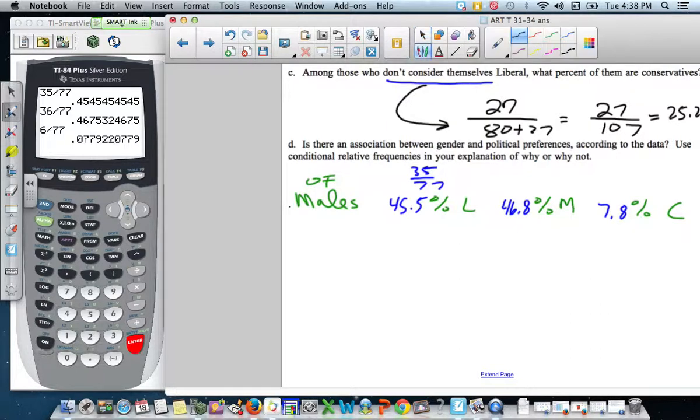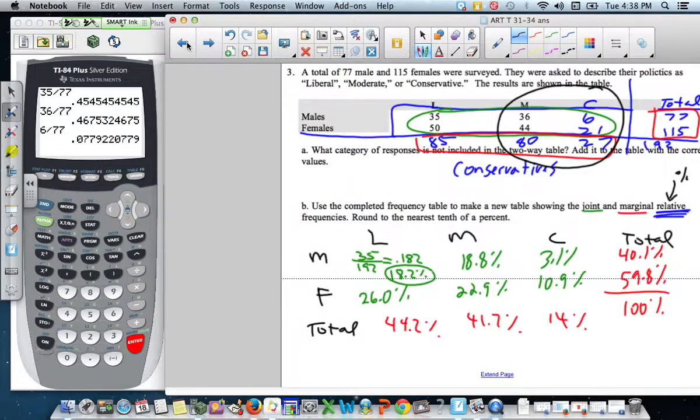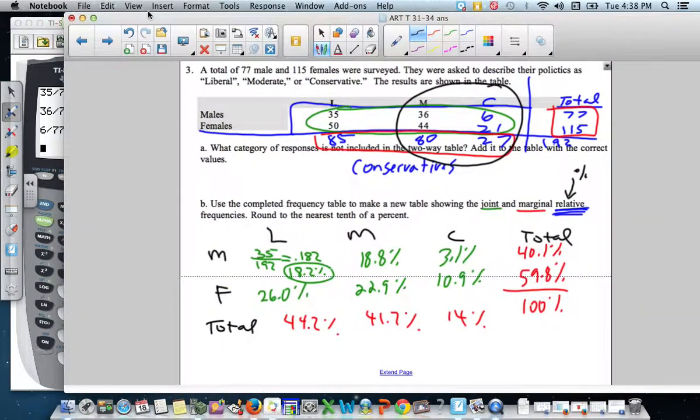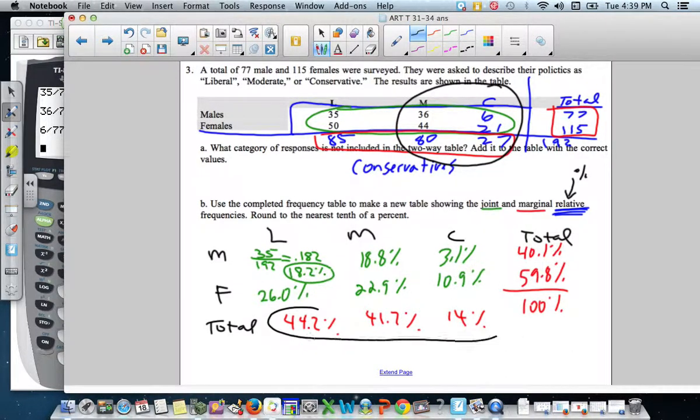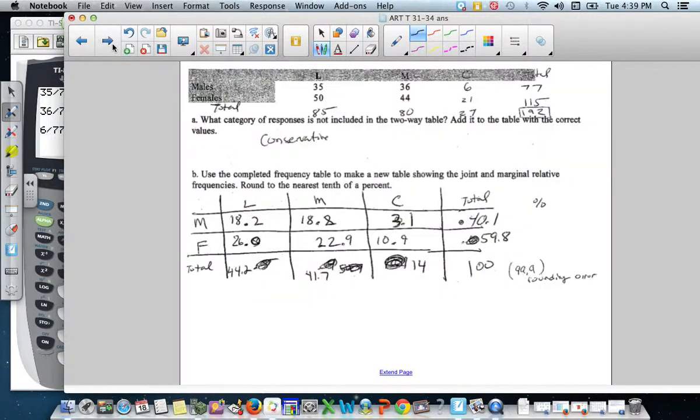Now, if there is no association, that should match the overall, or if you did just the females, it should match the percentages for females. But I'm going to look at my answer in Part B, and I see my totals right here. Overall is 44.2, 41.7, and 14.